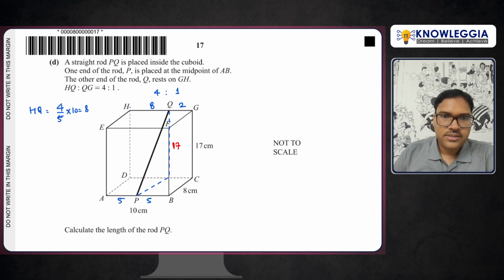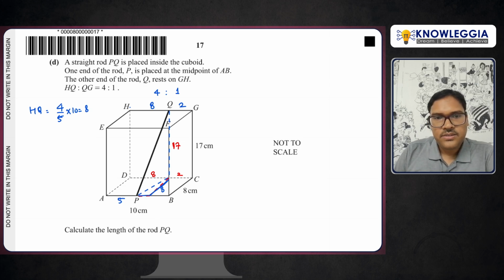Okay, so this is 8, this is 2. And if I draw a line which is parallel to this, like this, and join like this, you can clearly see this length will become 8, because this is parallel to this. This length is 8.